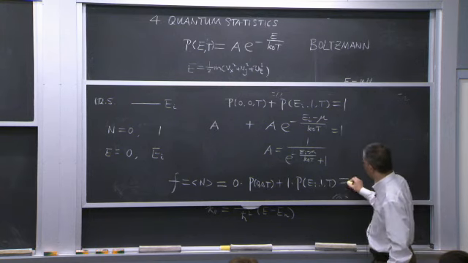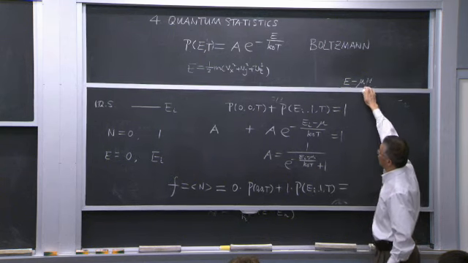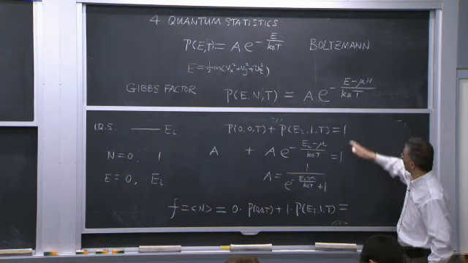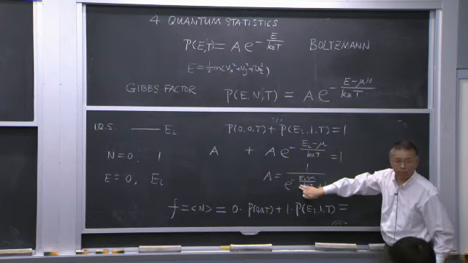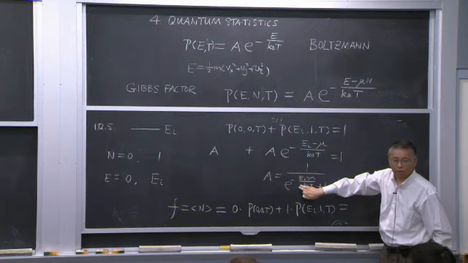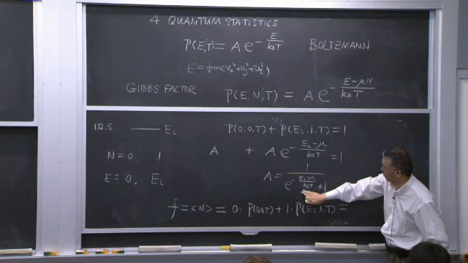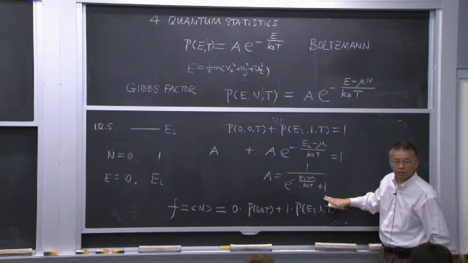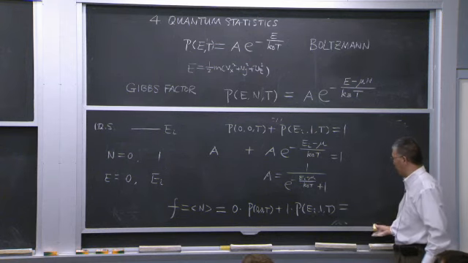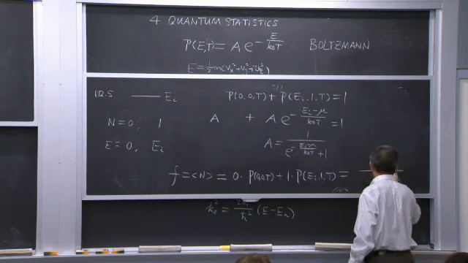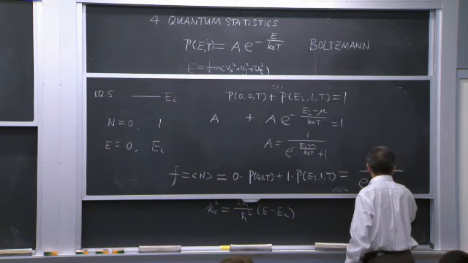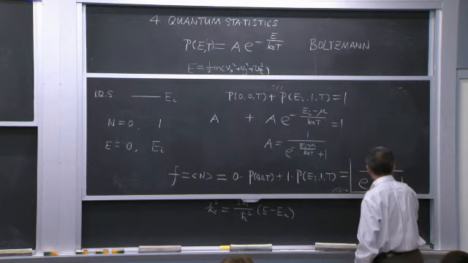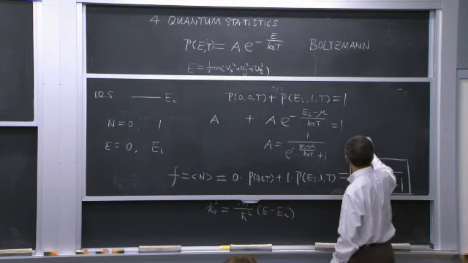And you know your A, so you know your P. The numerator and the denominator have the same exponential term, but the denominator has a plus 1. So I divide and write this more simply, and what I have is 1 over exponential of (EI minus mu) over kBT, plus 1. And this is the famous Fermi-Dirac distribution.